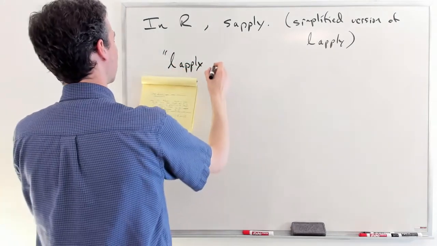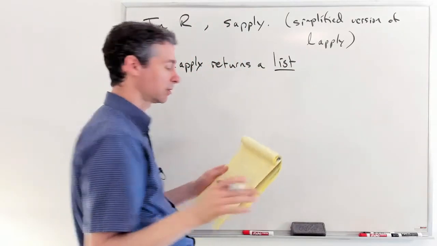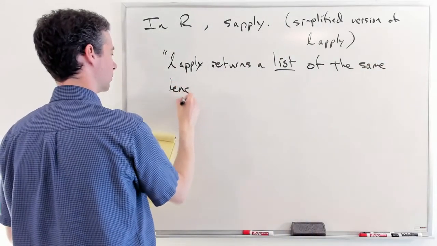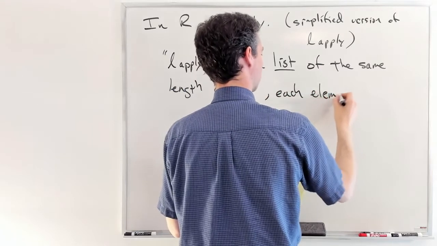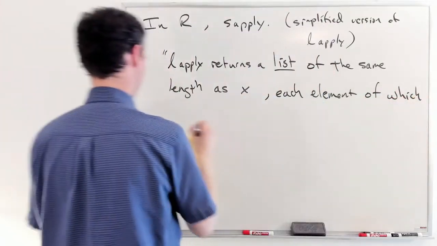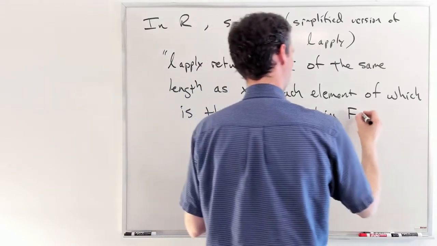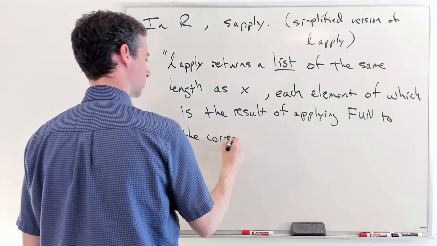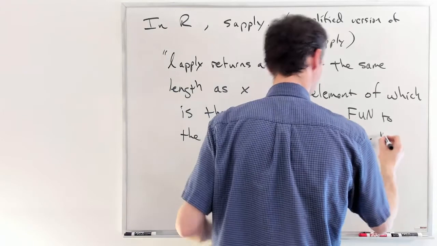Lapply, and it should be all one word, returns, copied from the manual, a list, and it's a list, it's not a vector, the same length as x, each element, so x is going to be passed to lapply, each element of which is the result of applying fun, we're going to get back to that, the function, to the corresponding element of X. That's the end of the quote.